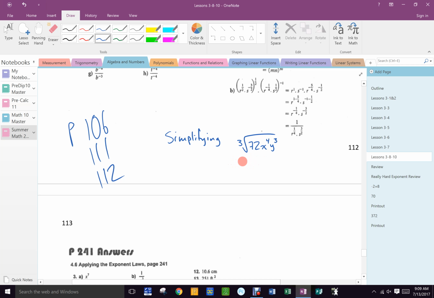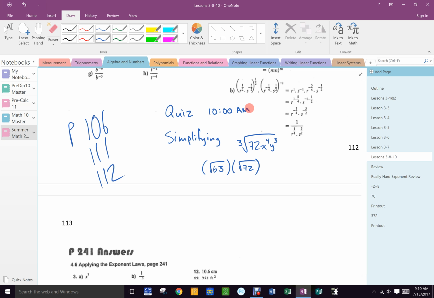Multiplying or adding and subtracting. Okay? Something like this. Root 63 times root 72. Something like that. Okay? That's the quiz. I want to do that at 10 o'clock. I'll mark it. You don't have to worry about that.